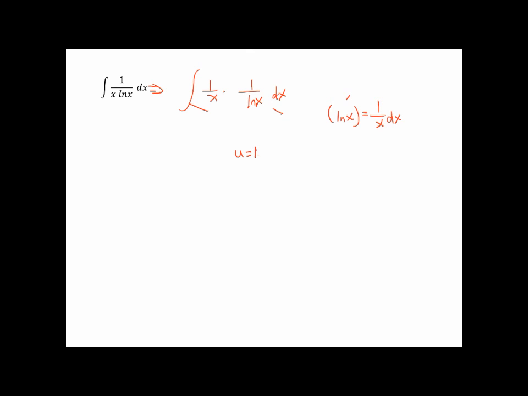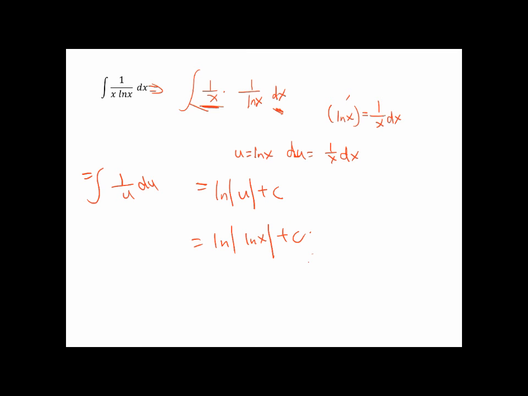If I set u equals natural log x, du is 1 over x dx. So I can match things up, this one with this one. Plug in 1 over u du, which is again natural log absolute value u plus c, which is natural log absolute value of ln x plus c. You don't need to simplify, this is fine.